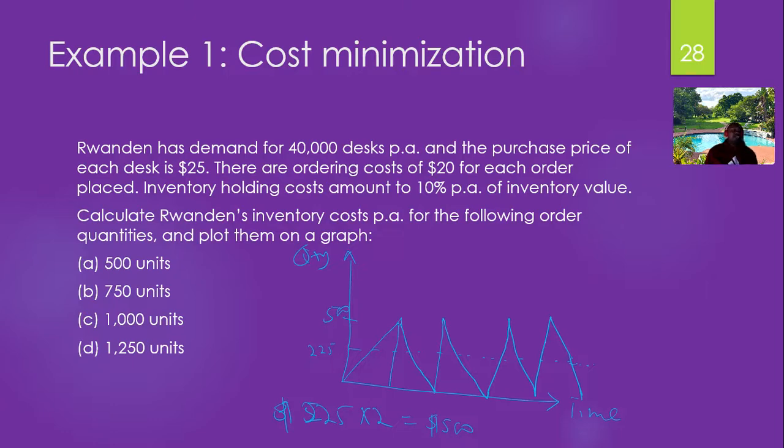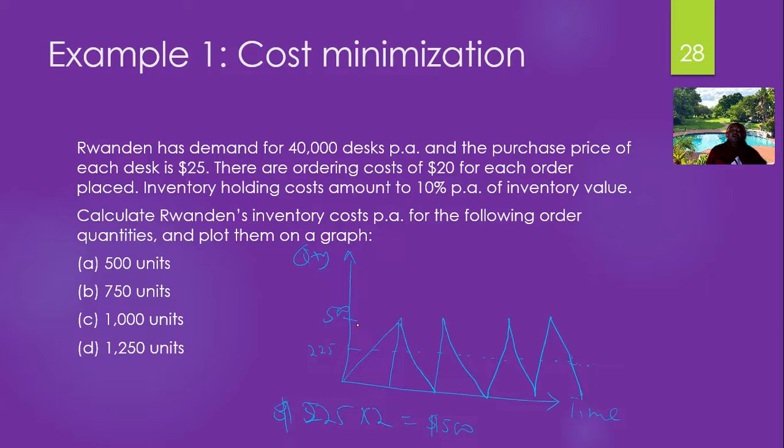But we may try to get around this figure by increasing the order. Let's say we have increased the order to 1000.